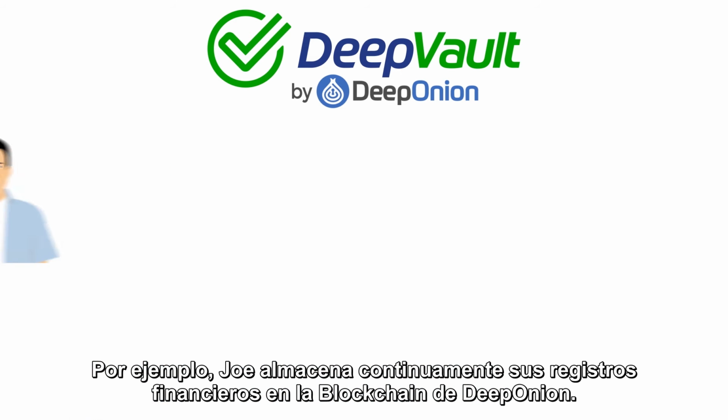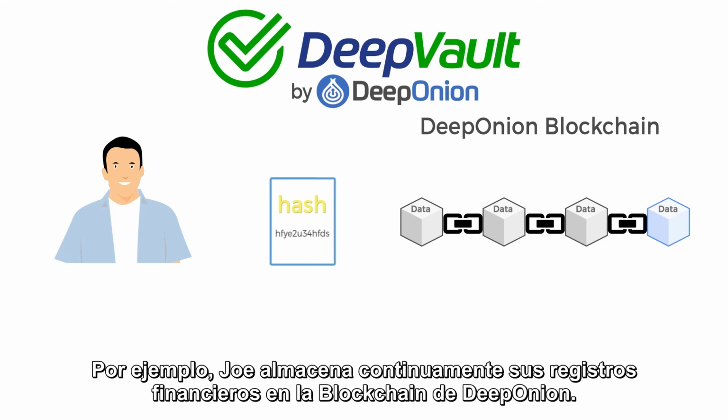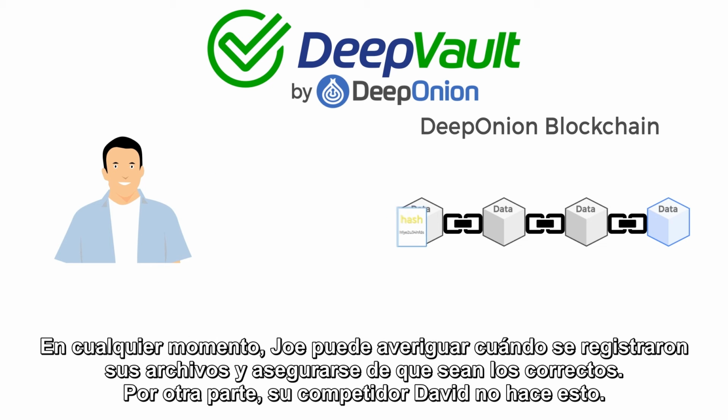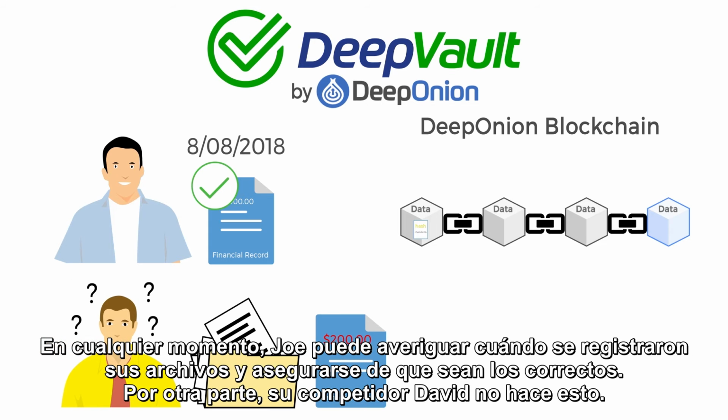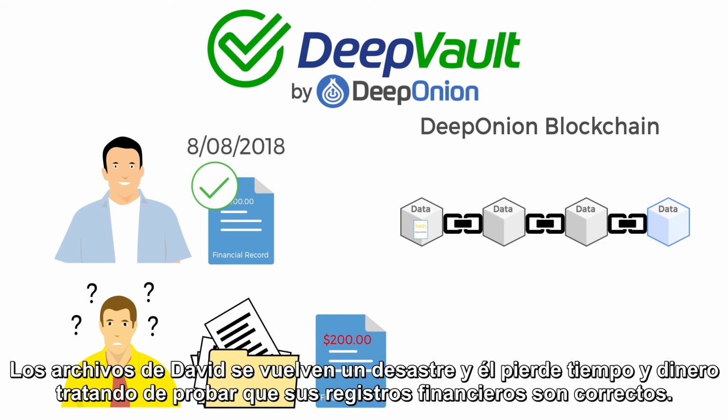For example, Joe stores his financial records continuously on the DeepOnion blockchain. Joe at any time can find out when his files were registered and make sure they are the correct ones. His competitor David doesn't do this. David's files become a mess, and he loses time and money trying to prove his financial records are correct.